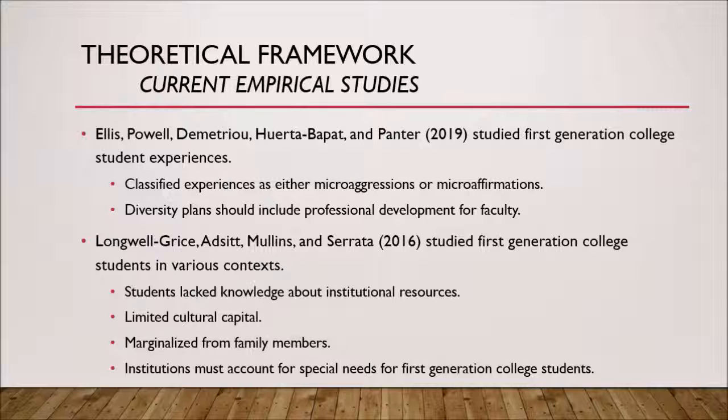The researchers in the study suggested that this really emphasizes there is a need for school diversity plans to include, again, better training for faculty members and advisors. Advisors and mentors seem to really make a difference with this group of underserved students, and so they recommended that institutions account for the special needs of first-generation college students by offering more professional development.